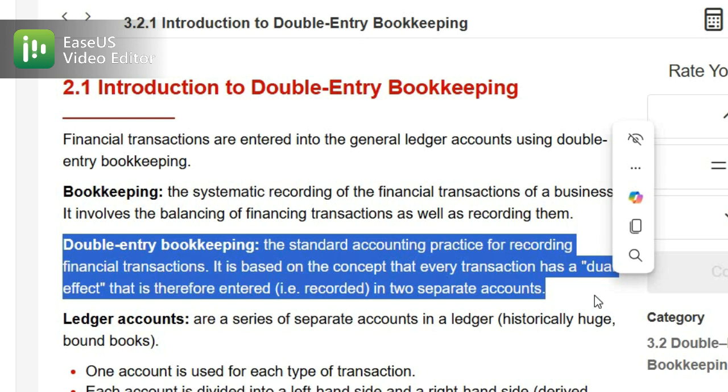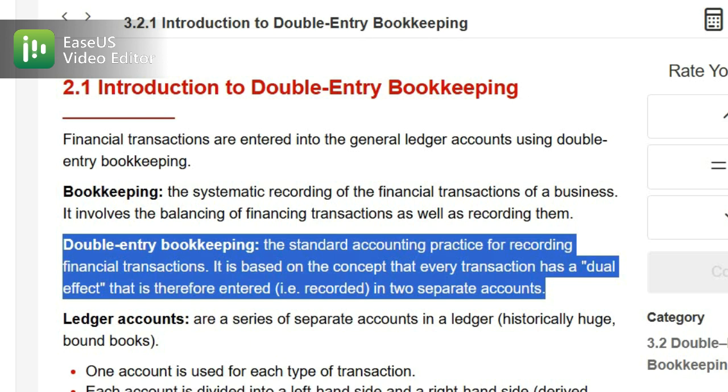Double entry bookkeeping, if you see the definition here, is the standard accounting practice for recording financial transactions, and it is based on the concept that every transaction has a dual effect, that is therefore entered, meaning recorded, into separate accounts. So here is the golden rule: every transaction has two sides.